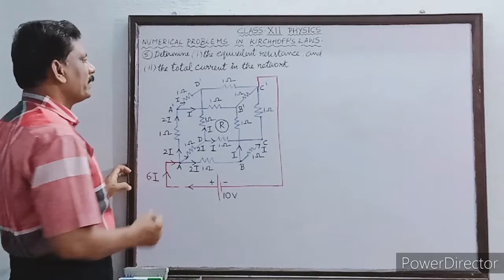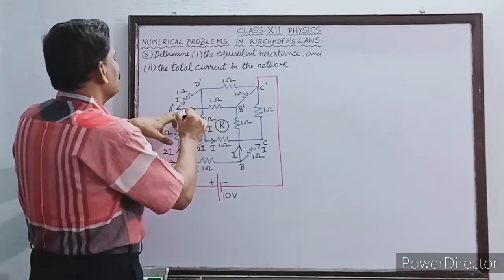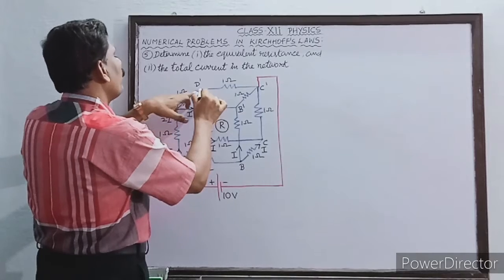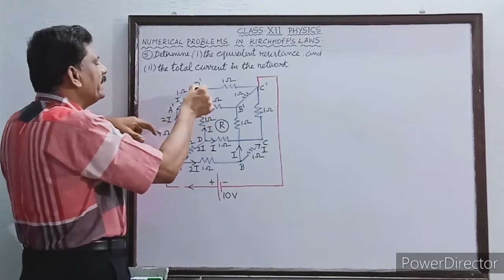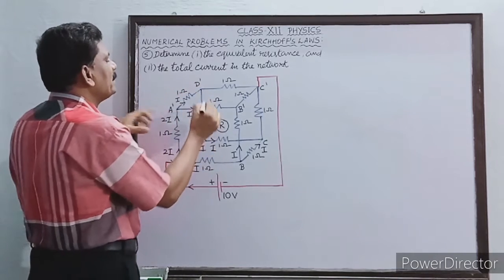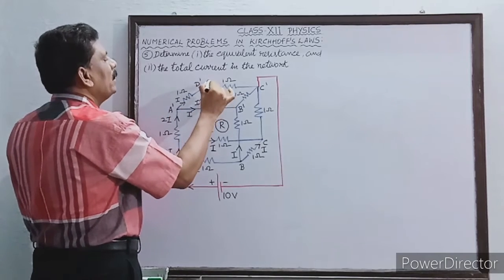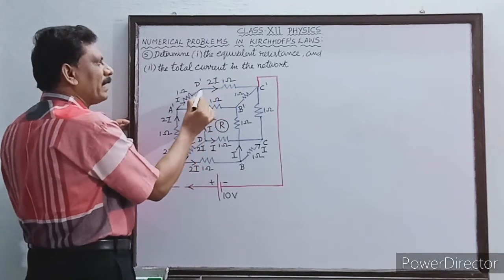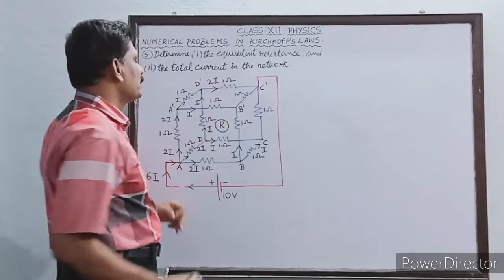Now you see this current of I ampere flowing towards the junction D dash. So A dash to D dash is I ampere, and D to D dash is also I ampere. This I plus I becomes 2I ampere, flowing from D dash to C dash.